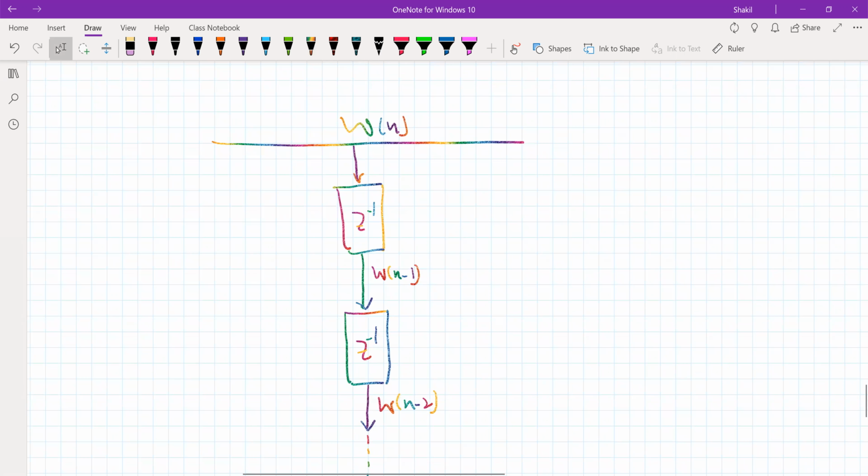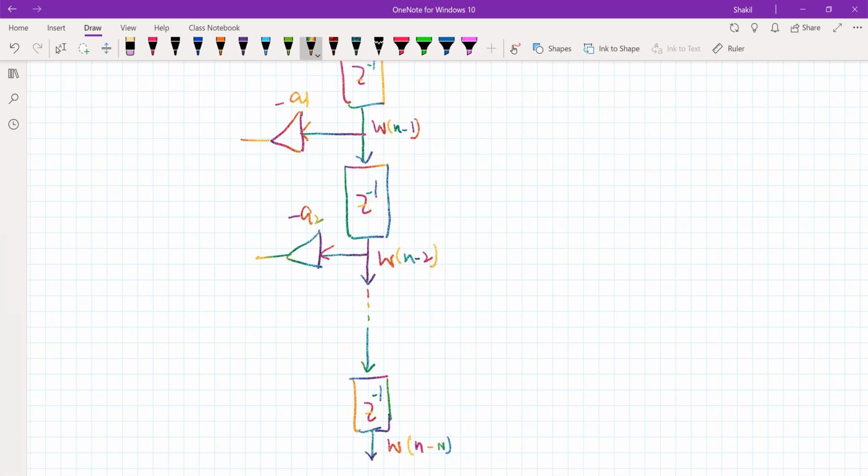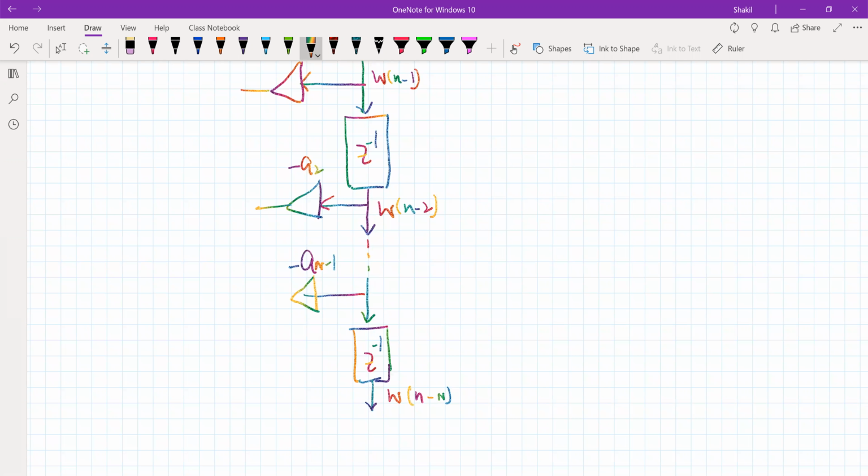Then we have to pass this through the multiplier. So we'll pass this through multiplier. Suppose minus A1. Here we'll pass it through minus A2, and so on. Here we'll pass this through minus AN minus 1, and here we'll pass through minus AN, right?